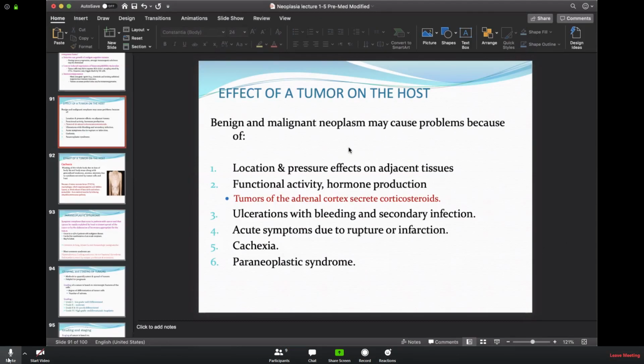These clinical effects we call paraneoplastic syndrome.